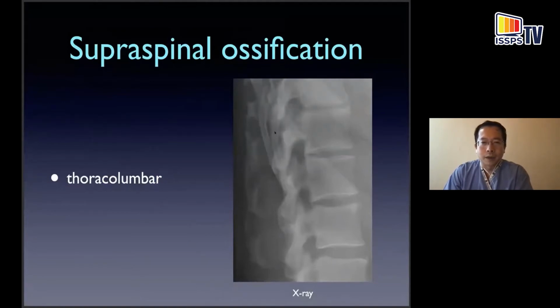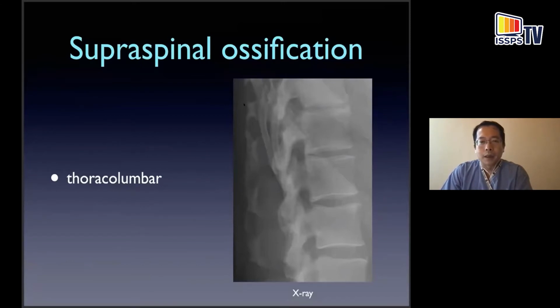Here you have spinous processes, which you can clearly see, and the supraspinous ligaments which traverse the spinous processes demonstrate partial calcification. Now, although we may not see calcification on X-ray, just a word of caution, when you do an ultrasound, don't be surprised if there is actual early calcification as well.